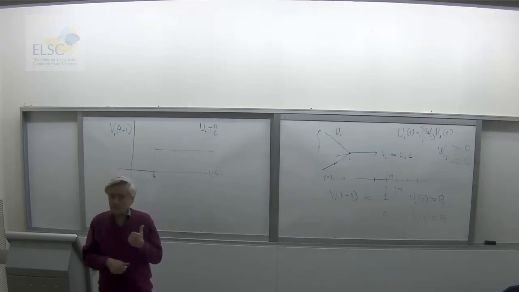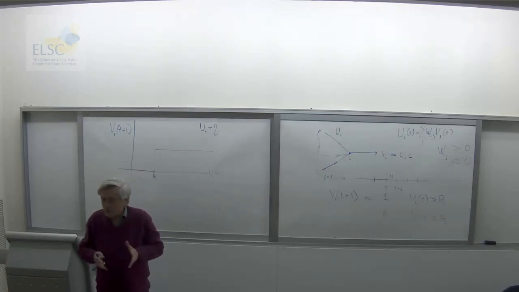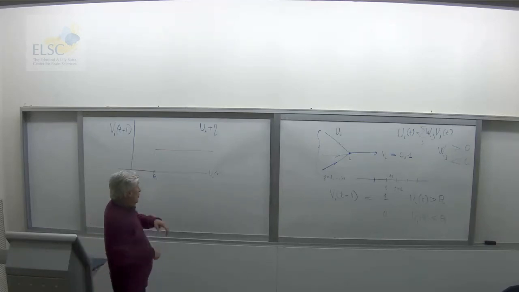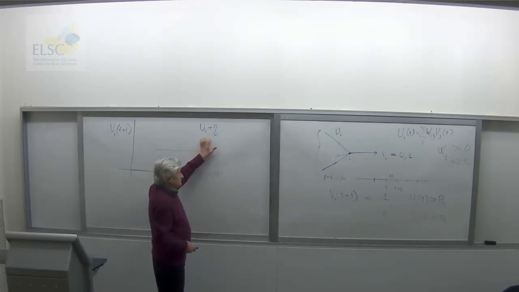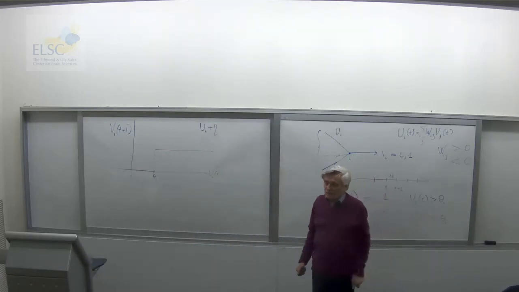A presynaptic input u_i generates in the postsynaptic neuron not exactly a postsynaptic potential u_i, or a postsynaptic current that represents u_i, but something random. And it is only if this exceeds the threshold that the neuron will fire.